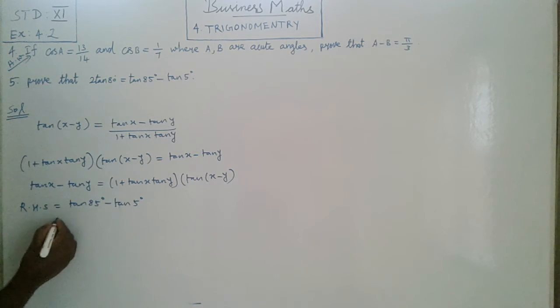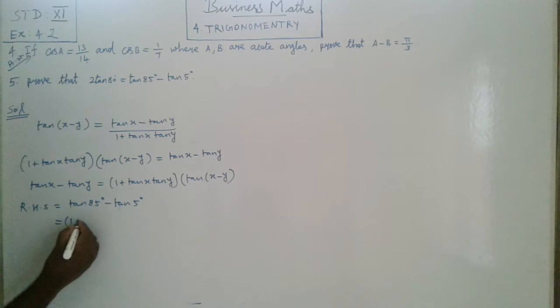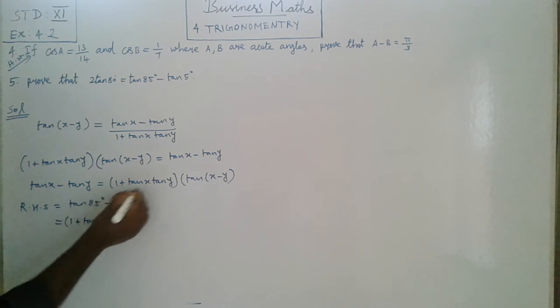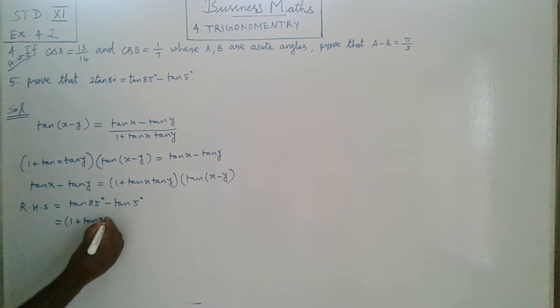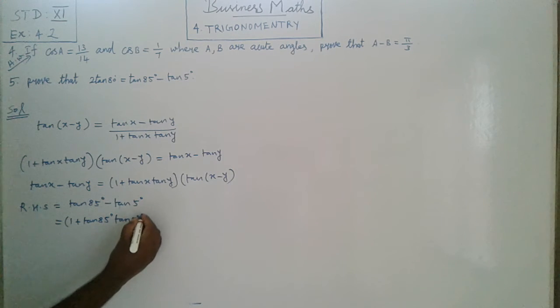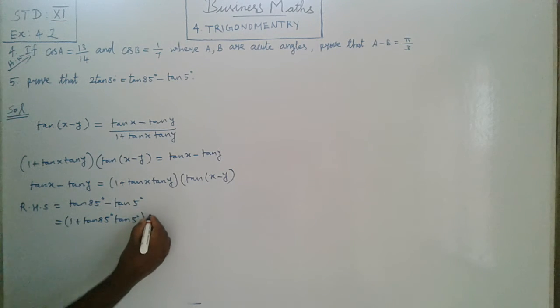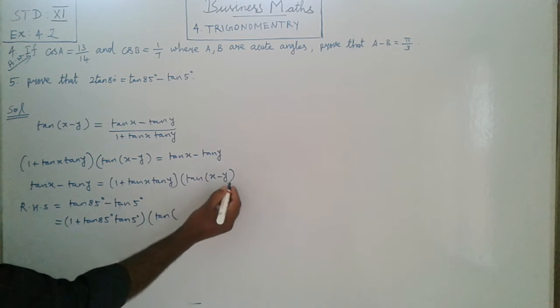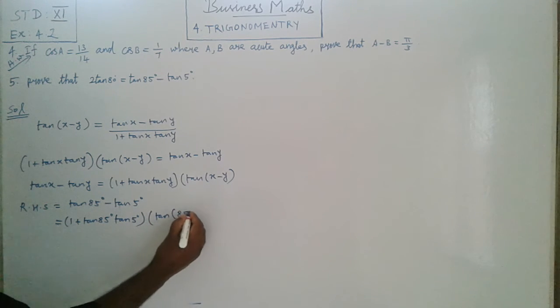So what is the formula here? 1 plus tan x is 85 degree, tan y is 5 degree, into tan x minus y, 85 minus 5 degree.